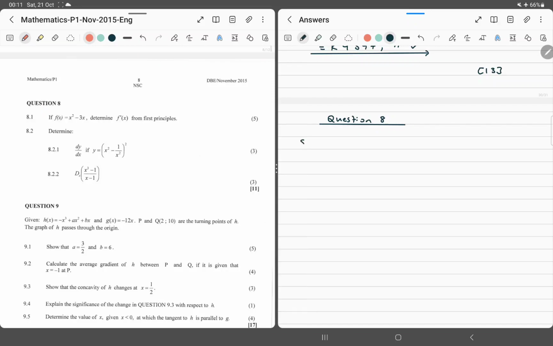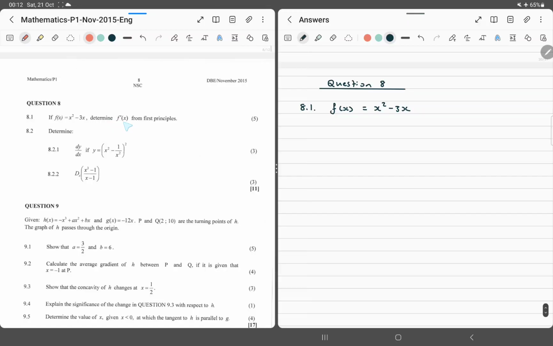Okay, let's get to 8.1 without wasting time. 8.1, we are given f of x is equal to x squared minus 3x. And then we're told we need to find the first derivative using first principles. So this means that f prime of x is going to be f of x plus h.